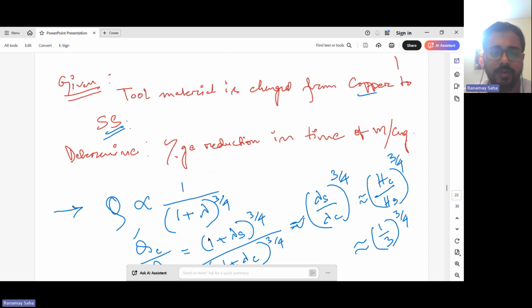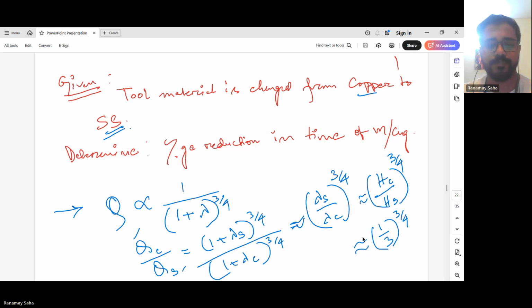Then you just have to find the ratio of QC upon QS, where QC is the MRR in case of copper and QS is the MRR in case of steel.